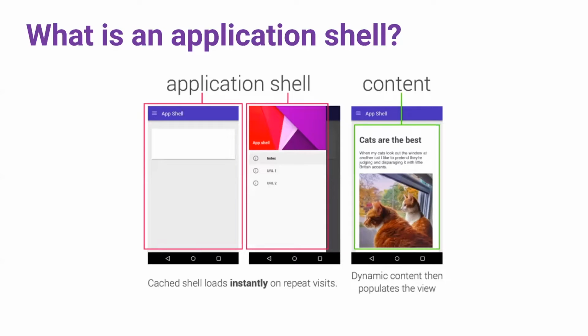Okay, what is an application shell? We can describe this application shell by comparing the left side image to the right side image.